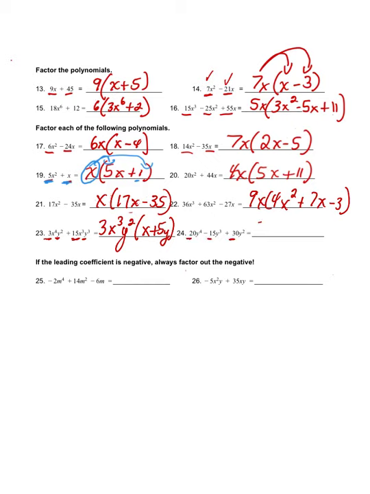The greatest common factor is 5. Oops, I don't want to write the parentheses quite yet. You have 5, and then the highest degree of y's, y to the second, and that leaves us with 4y to the second minus 3y plus 6.